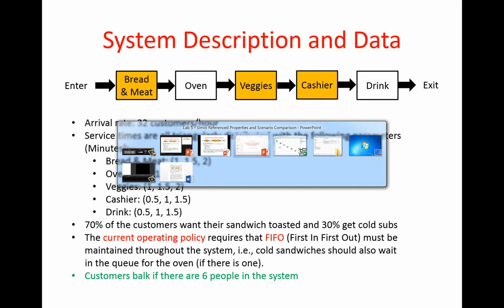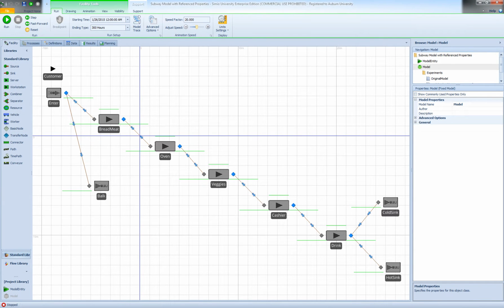So if I go back to our model that we built in the previous video modules, you can see the general structure of the model here. If I run the model, you can see that we have hot customers, those customers that get their sandwich toasted, represented by the red symbol, and cold sandwiches or cold customers represented by the light blue symbol.